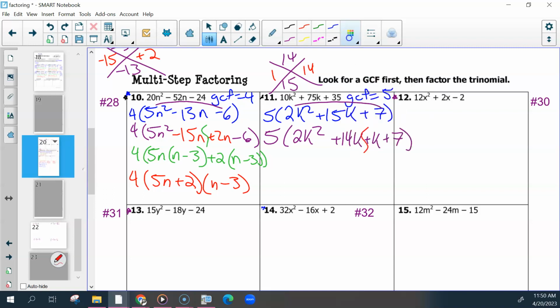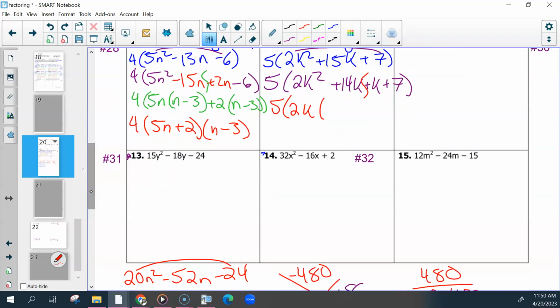Split the middle. What do these first two have in common? 2 and k. You divide that out, what's left? K squared divided by 2k, k.